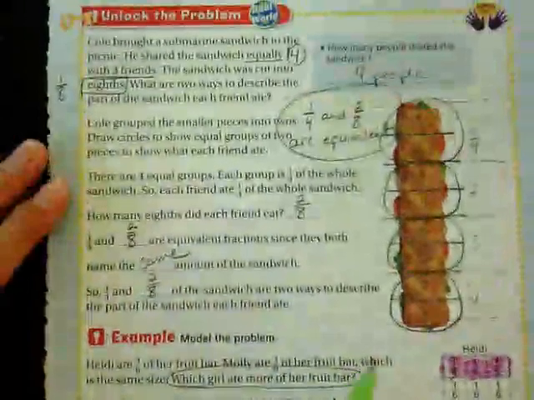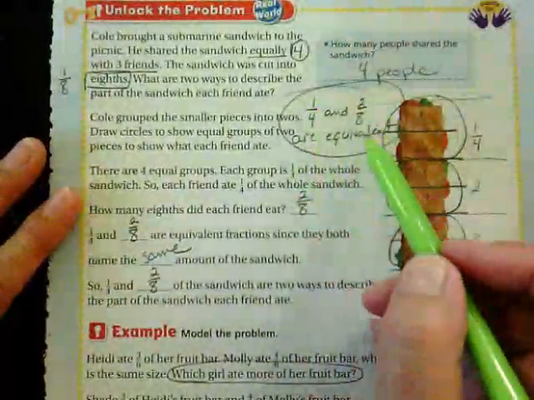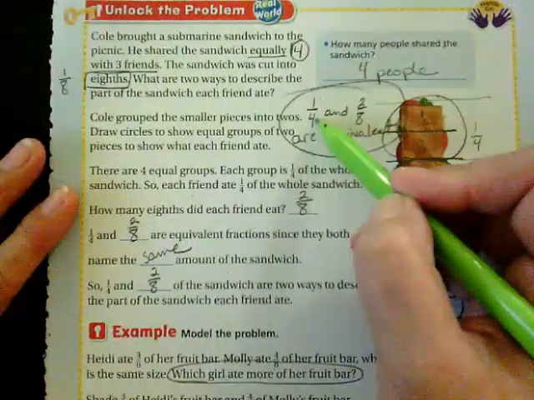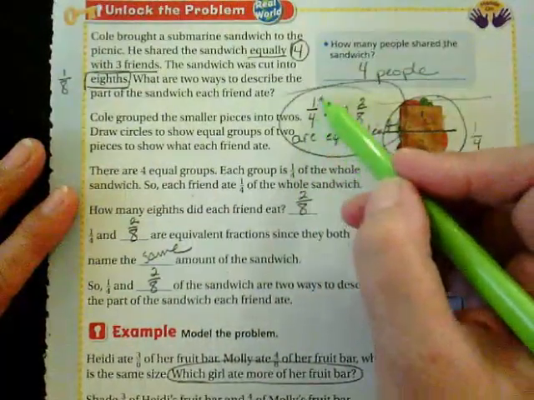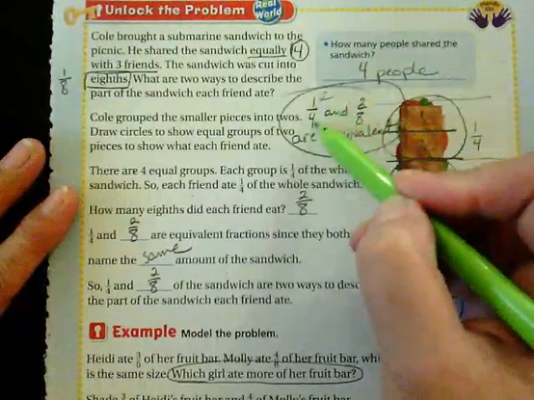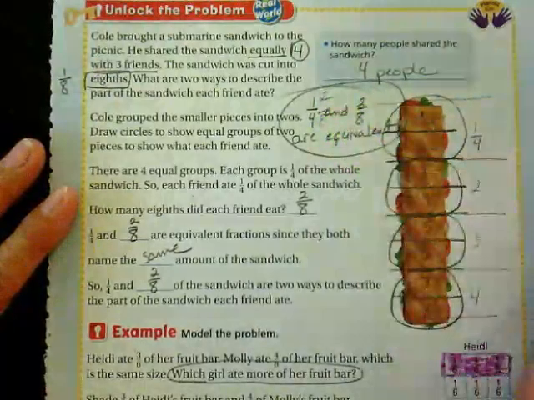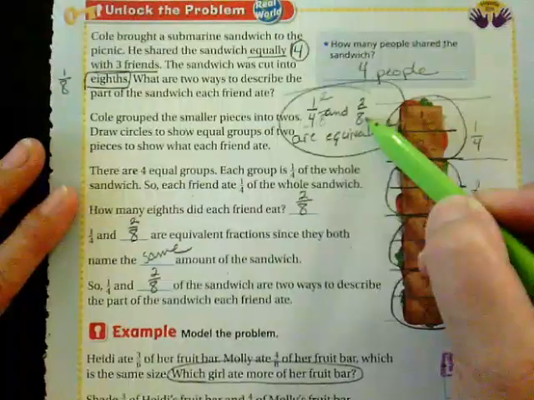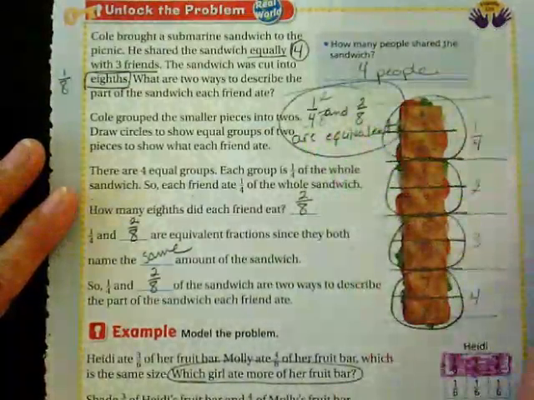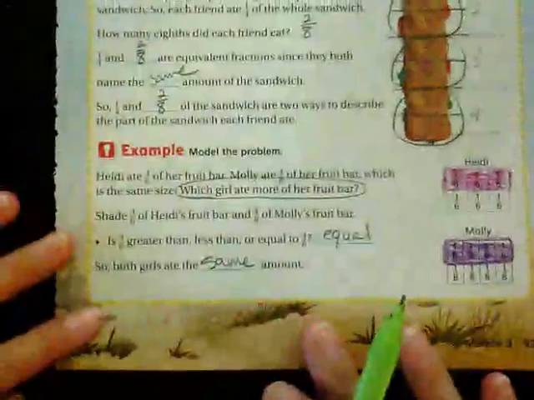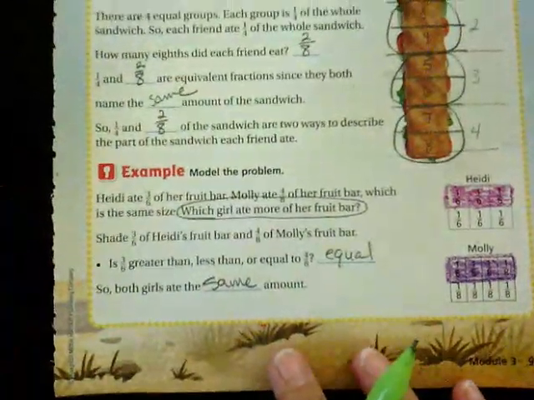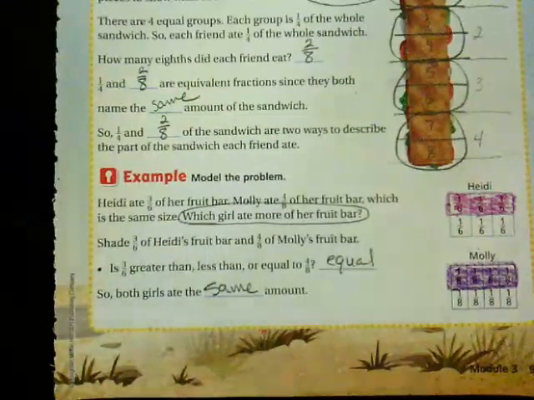Same thing up here. 1/4 and 2/8. 1/4, if I multiplied both of these things by 2, 2 times 1 is 2, 2 times 4 is 8. That's how 1/4 and 2/8 are the same. I'm just doubling them, okay? So sometimes we divide, sometimes we multiply. That's why we learned multiplication and division first before we did fractions, because it's supposed to make it easier in your head to understand what's happening.